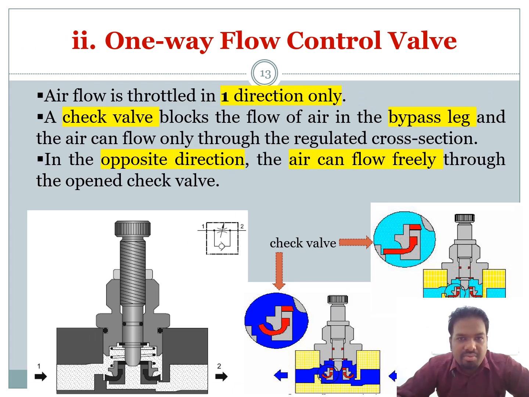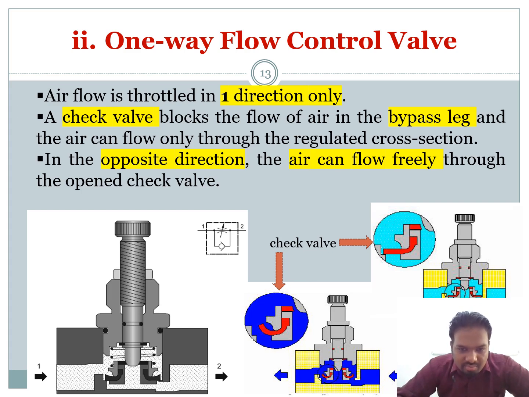Okay, we move to the one-way flow control valve. This is the second type of flow control valve. In a one-way flow control valve, it practically allows the airflow in one direction, similar to your non-return valve, but with another setting. You have a check valve inside.